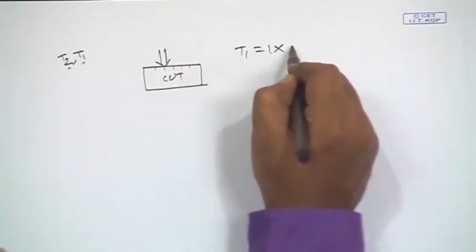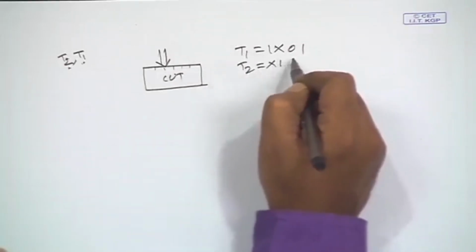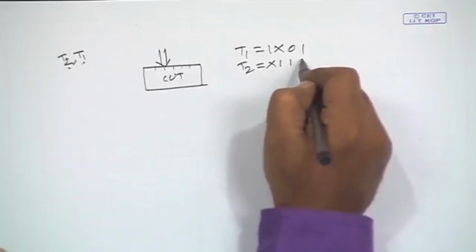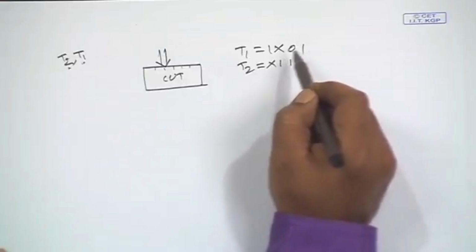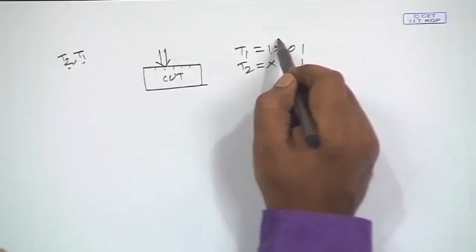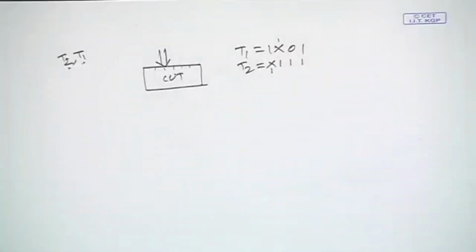So, T1 may be something like 1 x 0 1 and T2 may be x 1, then this is say 1 and this is say 1. So, there are changes, but if I fill this x by 1 and fill this x by 1, then the Hamming distance between the patterns can reduce compared to the case where these x's are filled up randomly.